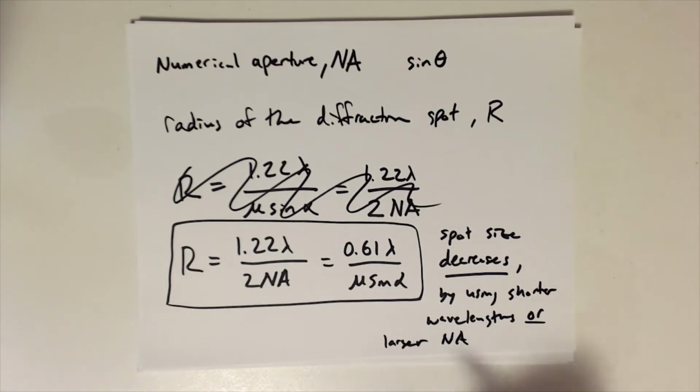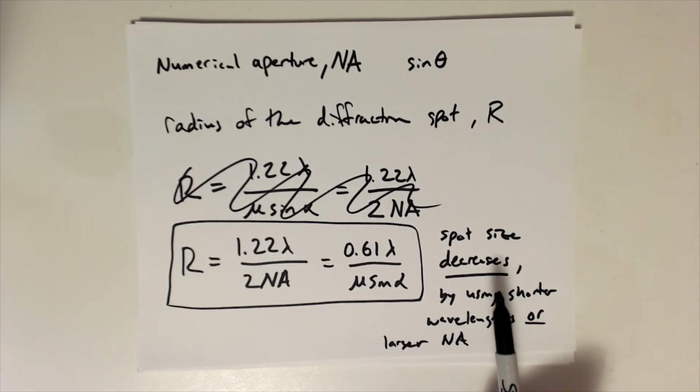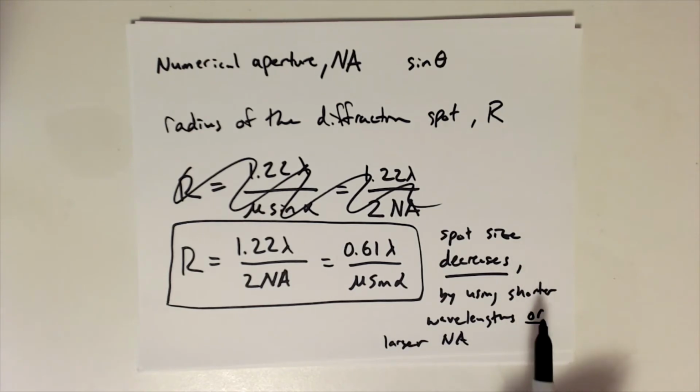So those are the two ways that we can adjust the spot size. So we can reduce the spot size, which we tend to think of as better resolution, by using shorter wavelengths or larger numerical apertures.